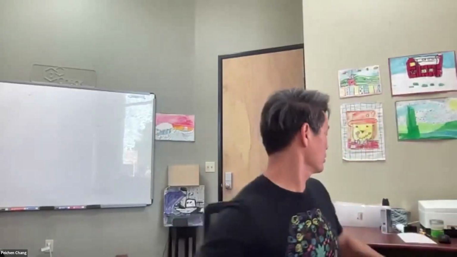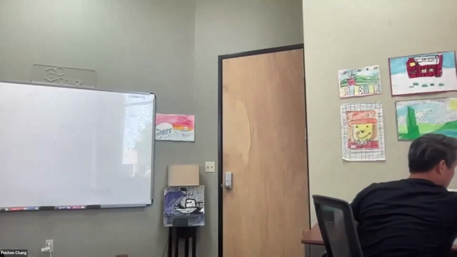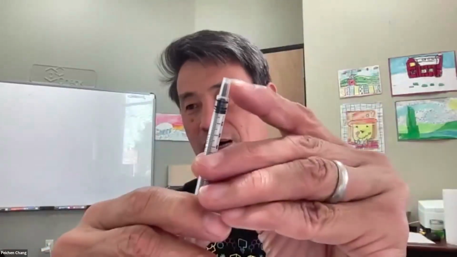What we do is take the syringe and dip just the tip part in the solution. You don't want to stick the whole thing in there. Besides, it'll get your hands all oily.